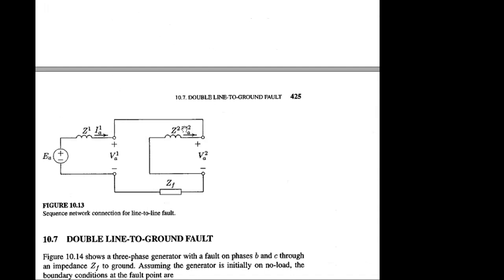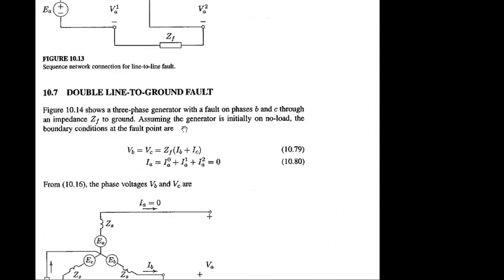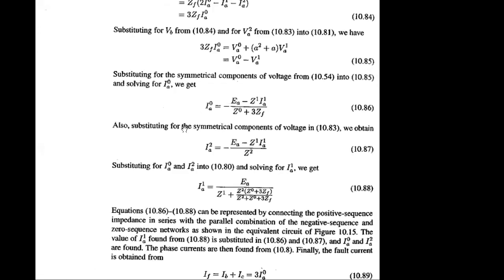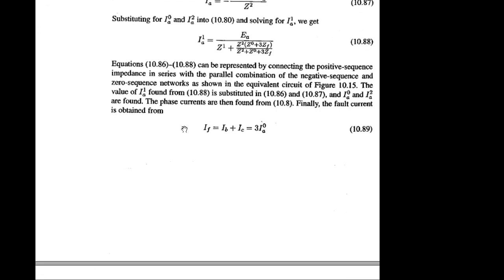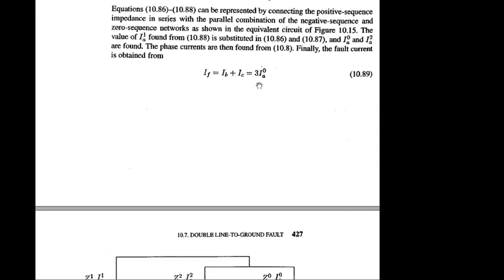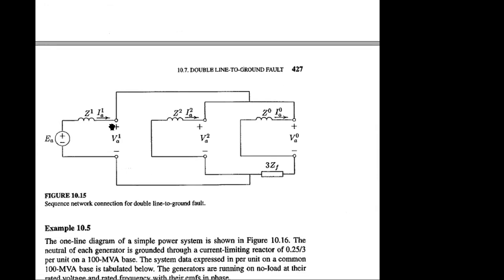Okay, in that case, the third scenario, double line to ground, we can also see what the behavior will be. Actually, after derivation there will be some equation, and that equation will give you the indication of this circuit.